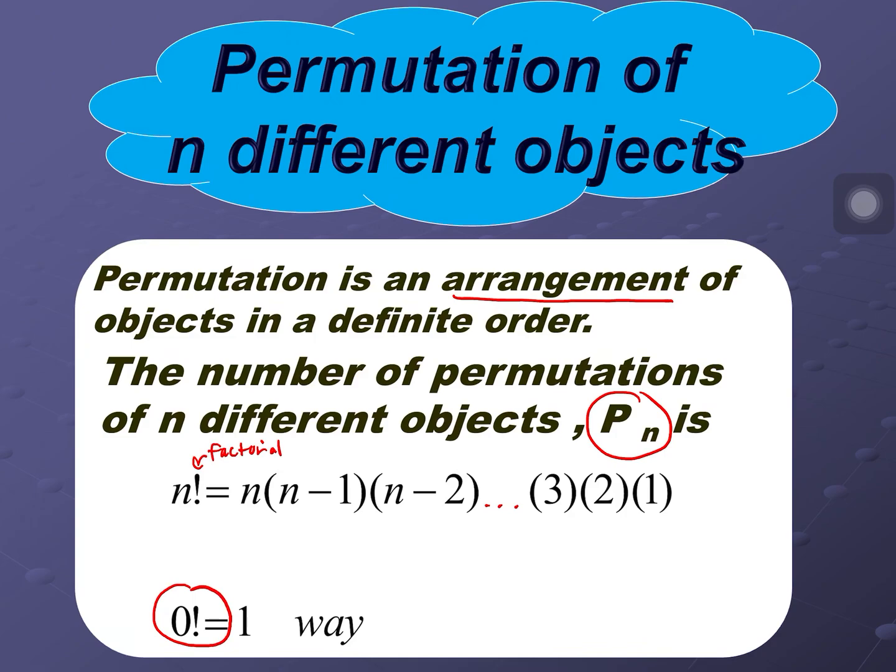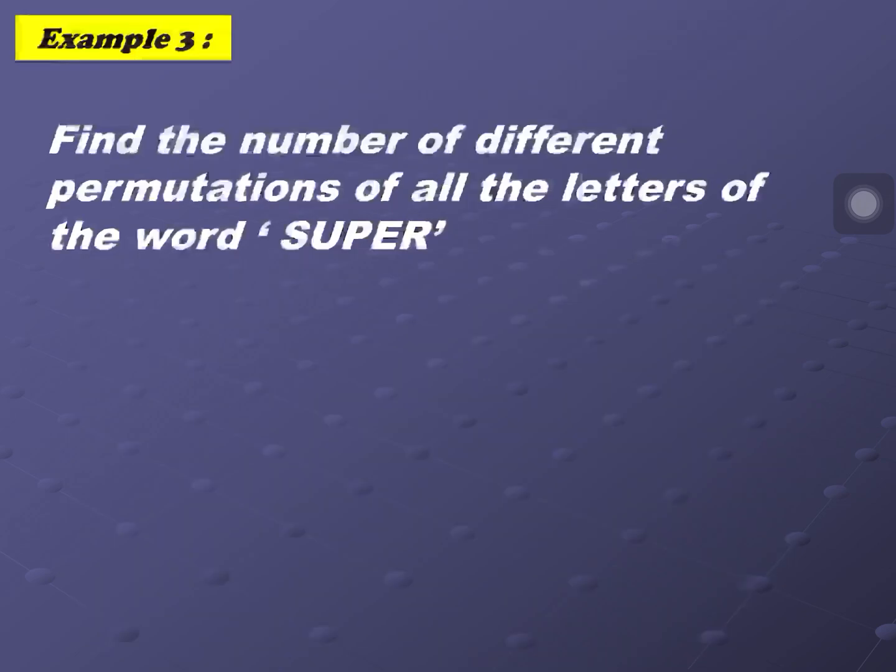So this is the formula. This is a short note: what is the value of 0 factorial? It equals 1, only 1 way.